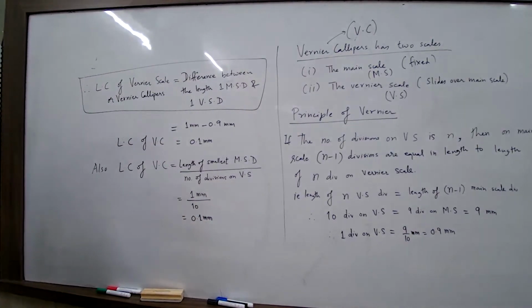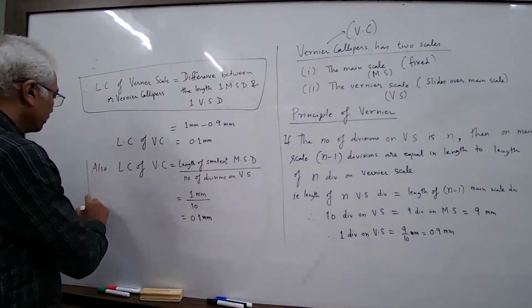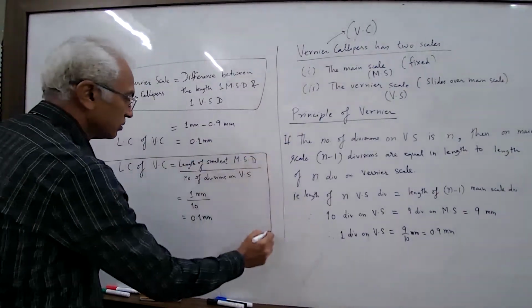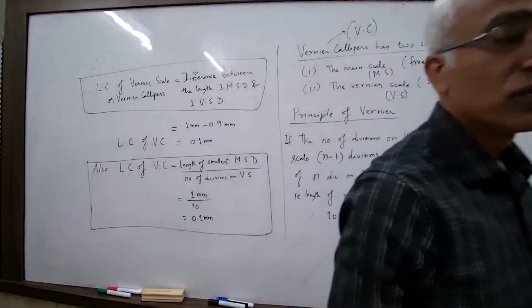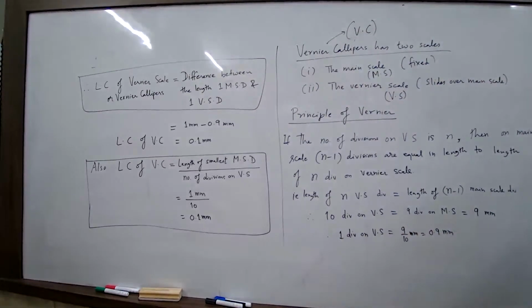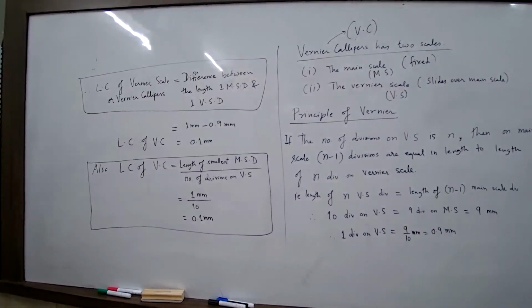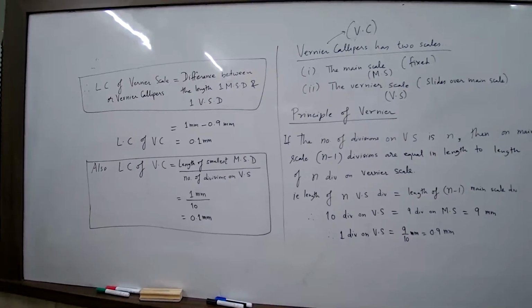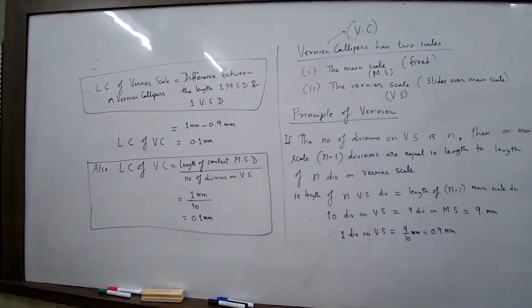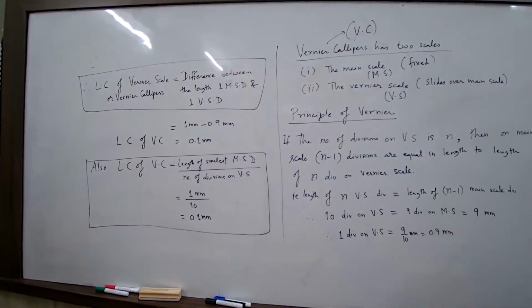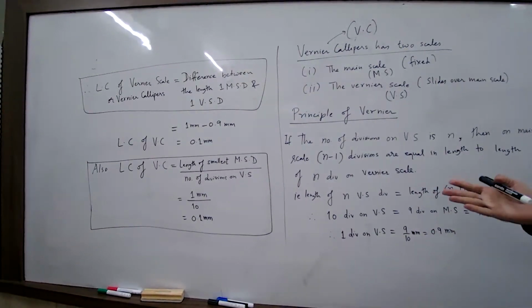So there are two formulas for least count of vernier calipers. Both will give us the same result. So this is very important. They will ask you to find the least count of vernier calipers. So it is given by two methods. Both are giving you the same result.